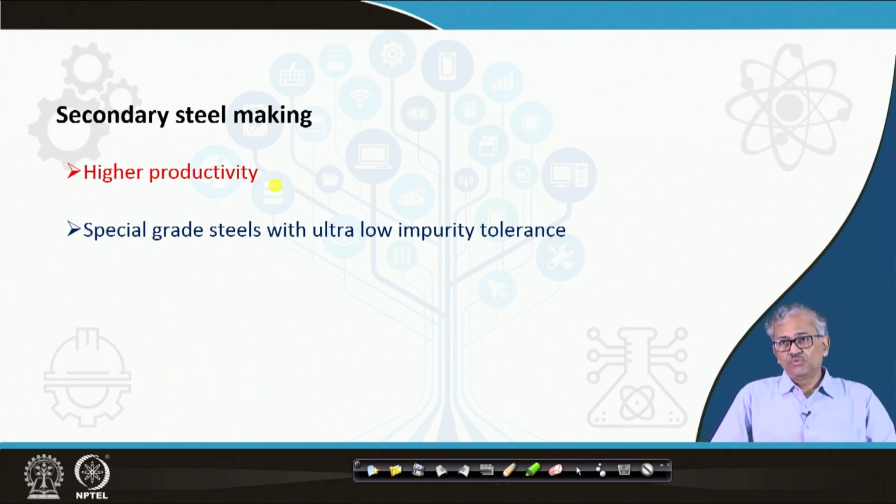We can utilize this transit time from SMS to the caster for different secondary processing. That way we can save a lot of time and increase the productivity. So, primary steel making should be as fast as possible, then processing happens during the transit of the ladle from SMS to the caster, and we can utilize the time that way.